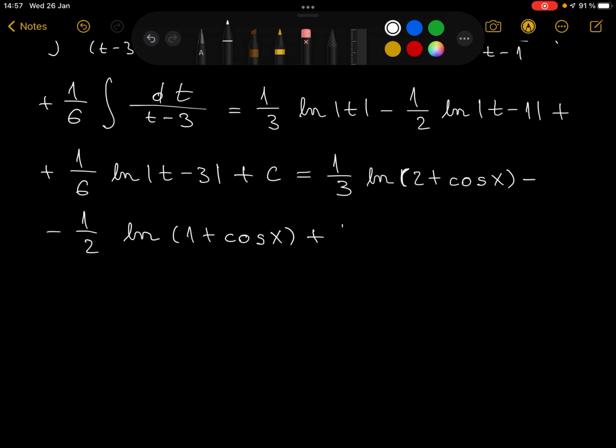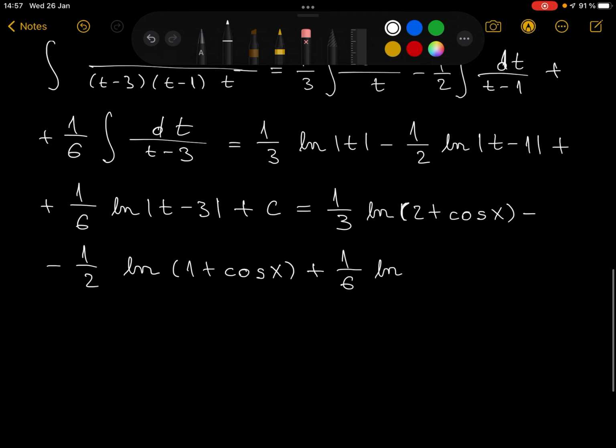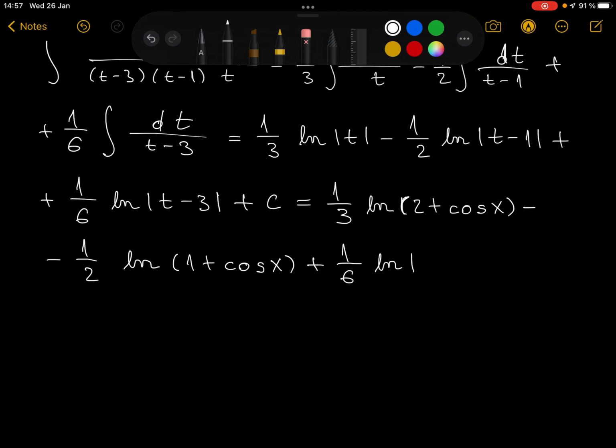And finally, plus 1/6 of ln of 2 minus 3, of cosine x minus 1.